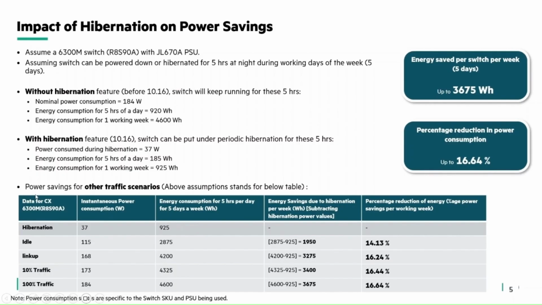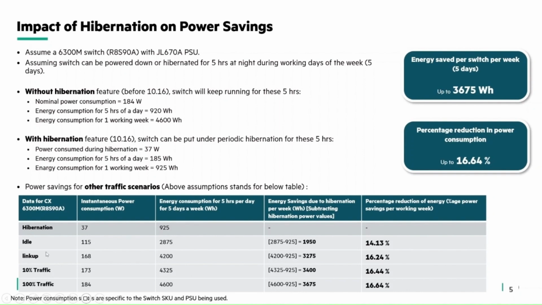In addition to that, in the table below, you can see the power savings for other traffic scenarios that we discussed in the previous slides. For the different switch states, what is the instantaneous power consumption? If we compare that with the power consumption during hibernation, you can see the percentage of reduction in energy.